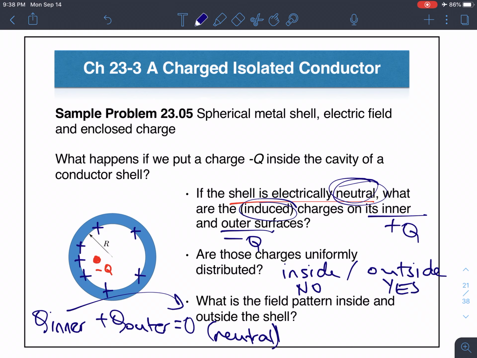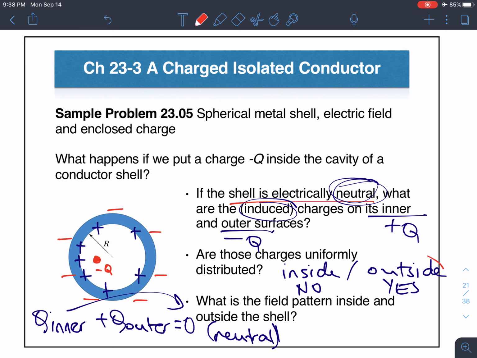Outside is going to be uniform. The reason for that is that the negative Q attracted positive Q, and I already showed the arrangement of that. But on the outer surface, there's an equilibrium between those positives and the negative charge inside, in the same amount. Now, the electrons were pushed out, and they are going to be pushed out nicely and evenly distributed on the outer surface.